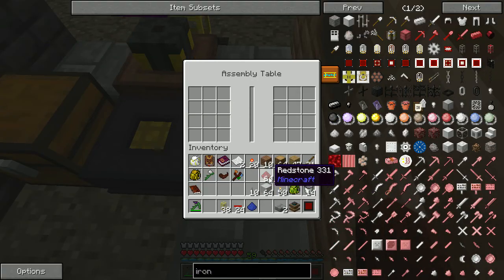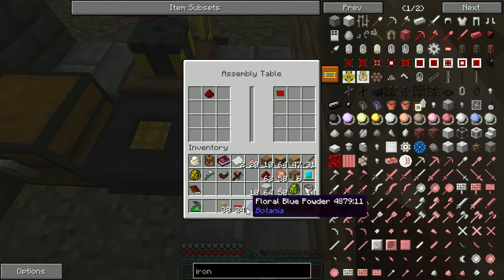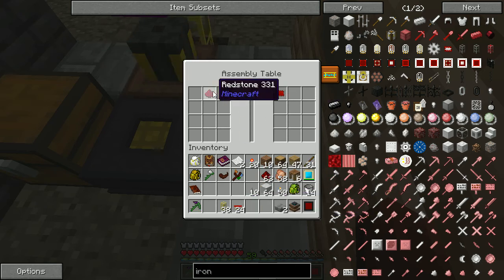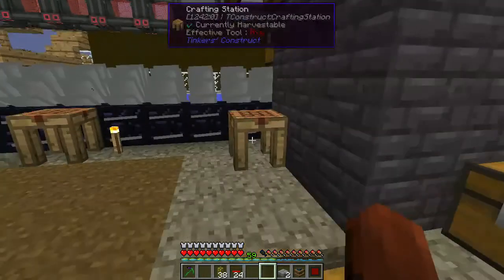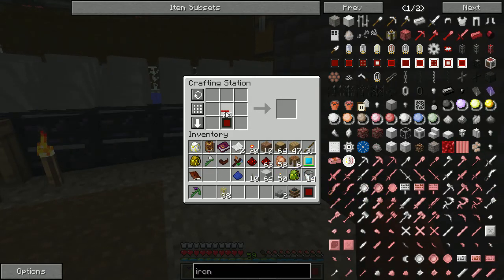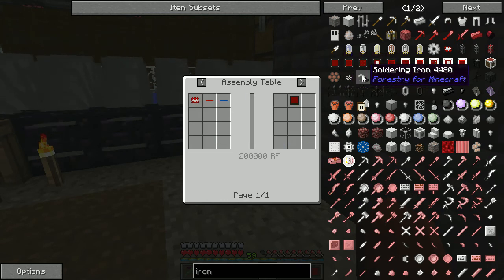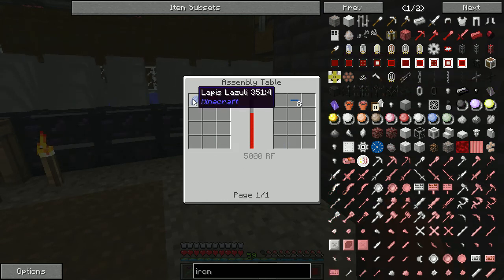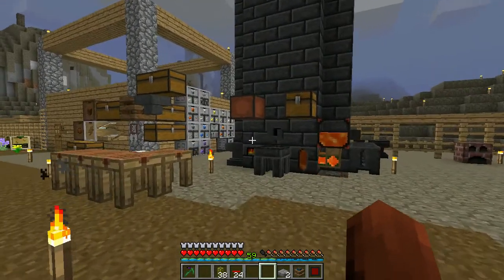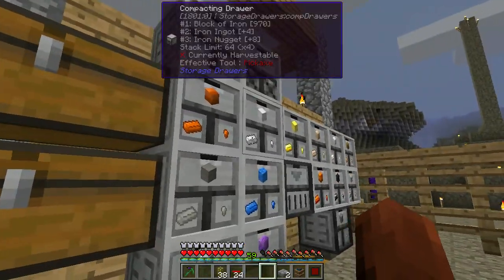So if we throw in a piece of redstone and that, wait, how did we get the blue wire? Is it just in a crafting table? I think it was, wasn't it? Blue wire, blue wire, blue wire. Oh, piece of iron. That's what we needed. And it looks like it is just in a crafting table.